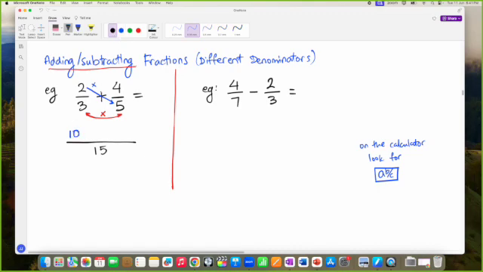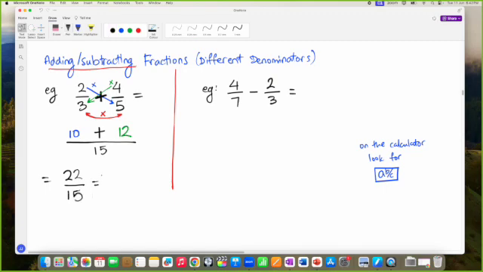Then you have that plus sign that was in the middle. So I'll put the plus sign there. And then you cross multiply here. 4 times 3. 4 3s are 12. Right? And so you can see here that we have 22 over 15.